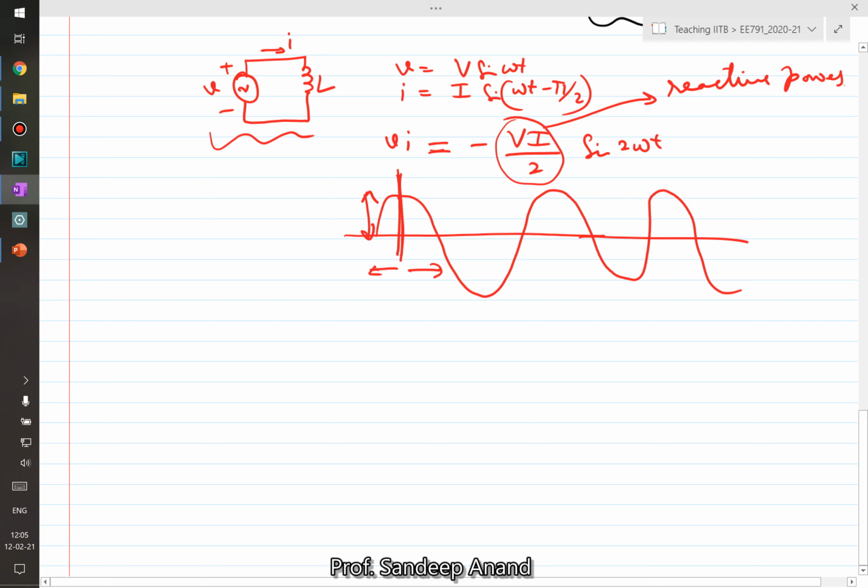So only by picking one instant, the conventional reactive power definition fails, right? The conventional reactive power definition is based on knowing the full waveform. You know it is periodic over sine 2 omega t or cos 2 omega t, right? You know it's a periodic signal and you know that magnitude, and that magnitude you call reactive power.